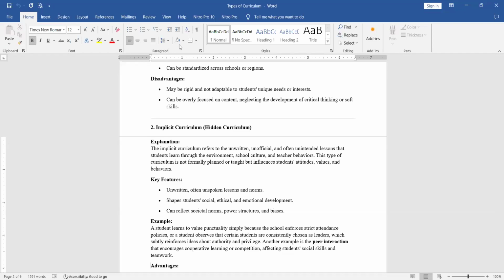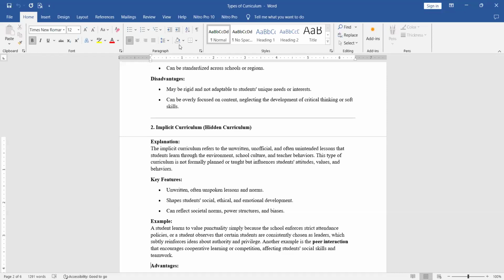So that is the hidden curriculum. Now, what's your experience? There are some schools where the teachers are very friendly. They organize a lot of projects and events, and the students actively participate in all those. They are not written in any document, right? That is the school culture, the environment, and the behavior of the teachers and the stakeholders. And they help the development of attitudes, values, and behaviors of the children.